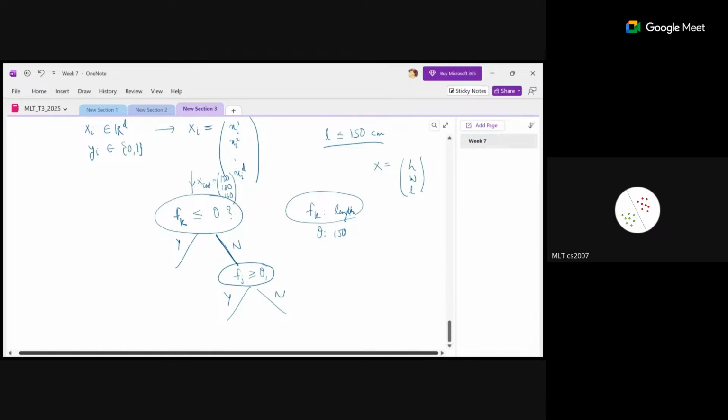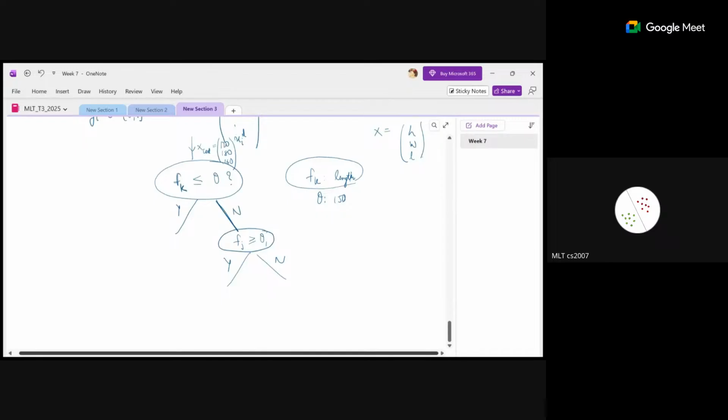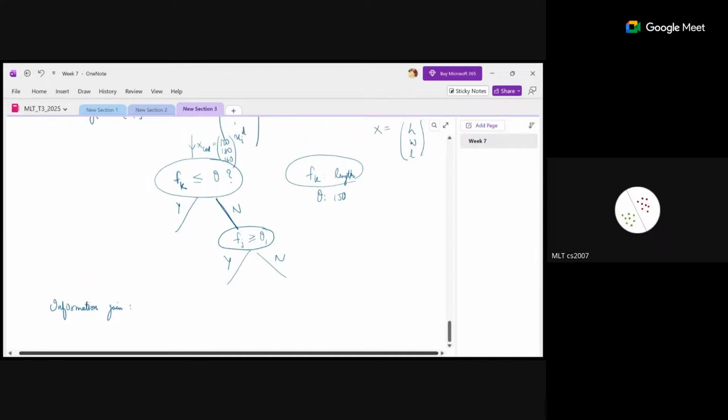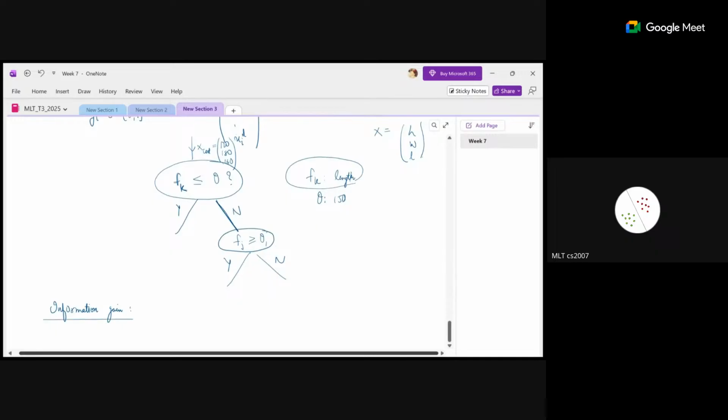So there is this term which is called information gain. And what information gain does is, so information gain basically tells you how good the question is. It tells us the goodness of the question, okay?